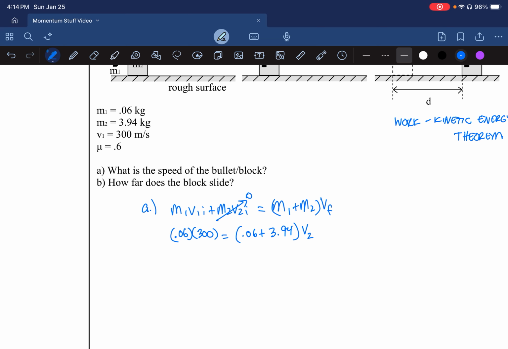Let's use their notation, V2. So sorry about the noise if you can hear that. And so this becomes 4V2. This is 18. And so V2 is 4.5. Of course, it's moving to the right.